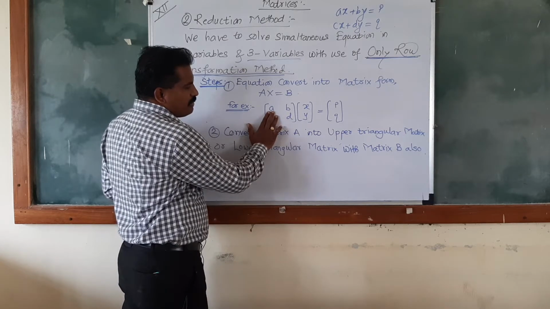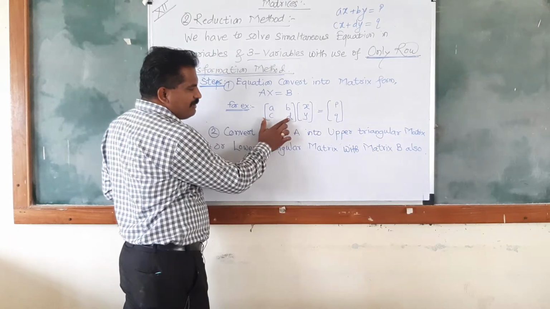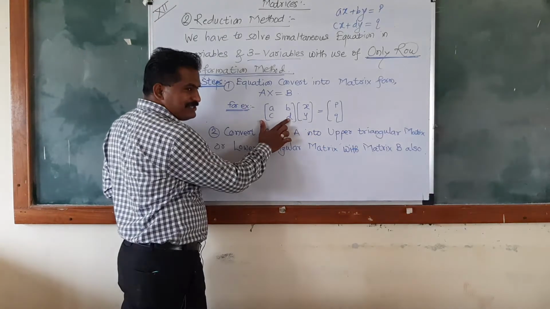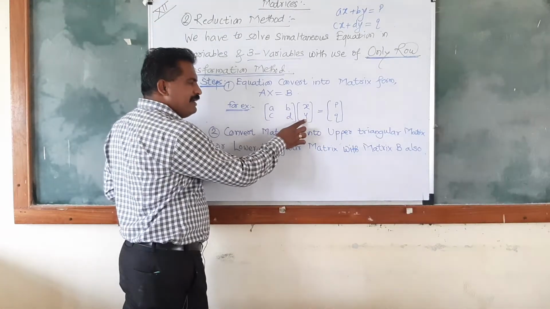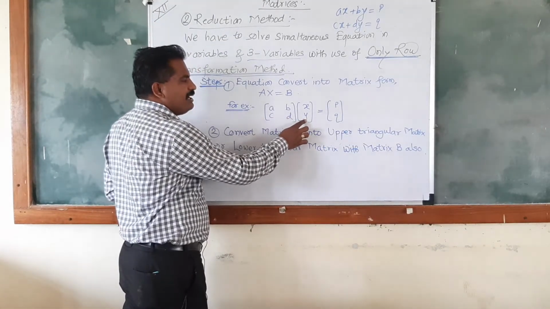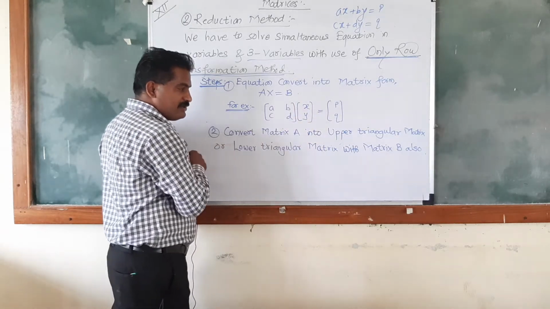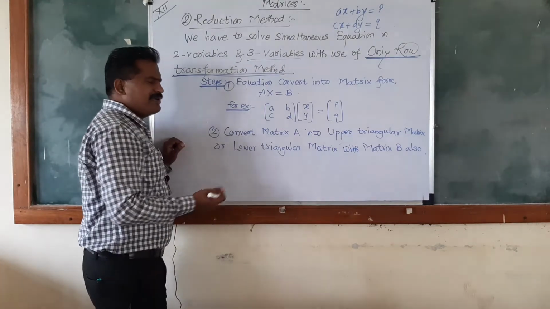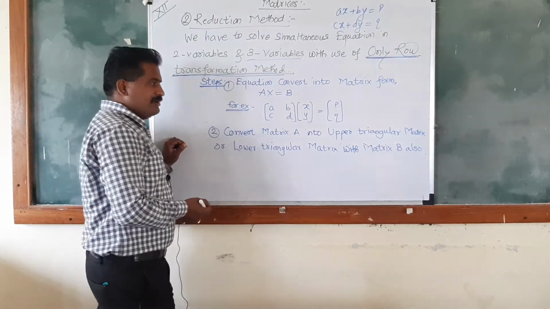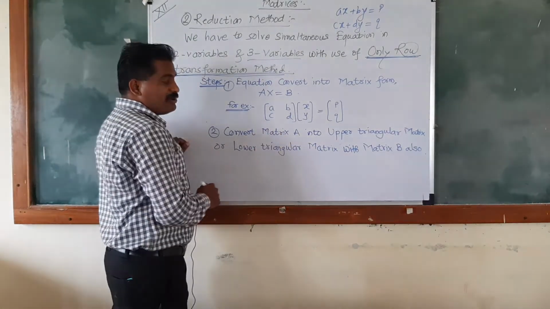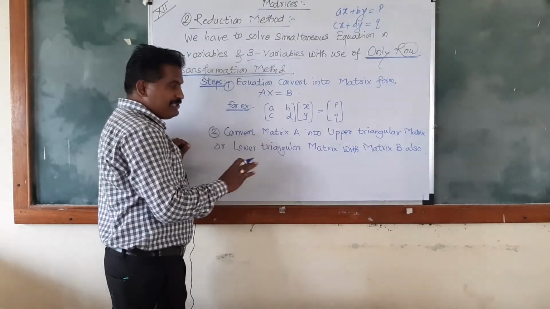Therefore, we can find one variable using this coefficient, and after finding it, we can use this value of y in one equation. In one equation, we can find both variables. Why is the upper triangular or lower triangular matrix used?